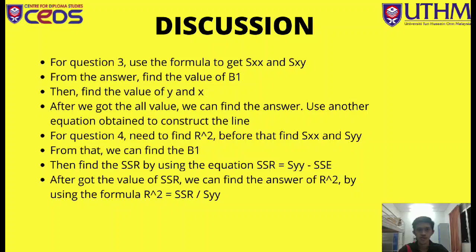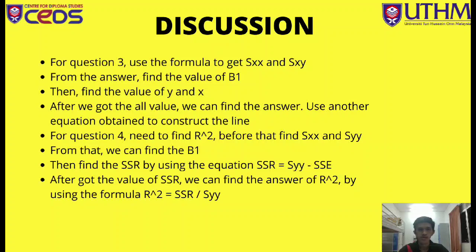We can insert the values of 118 as the y value, 2.8525 as b1 and 8.848 as the x value. After that, we can use the equation obtained to construct the line. The equation is y equals b0 plus b1 multiplied by x.